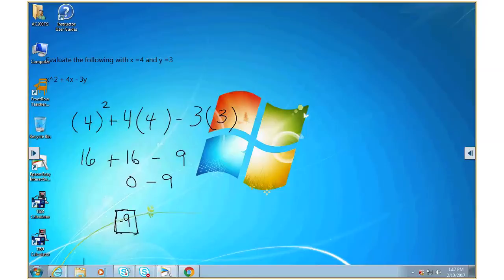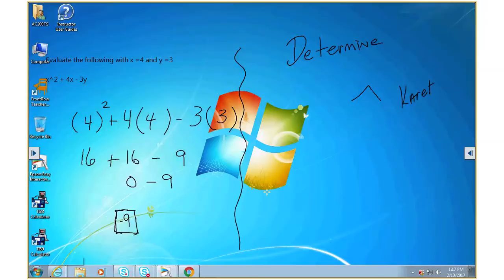So that's how you evaluate. The upside down symbol, the way they put that in blue, that is a caret symbol. K-A-R-E-T. Caret symbol, that's an exponential symbol.